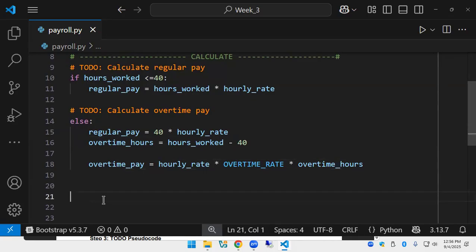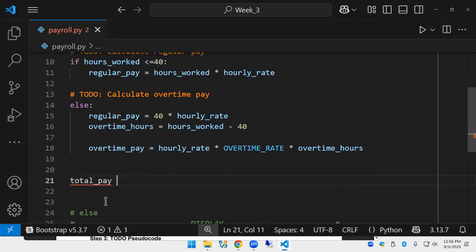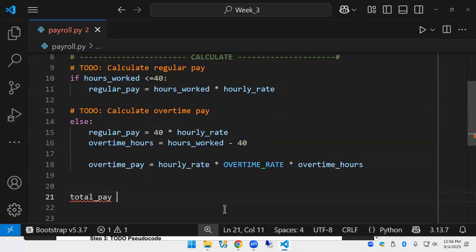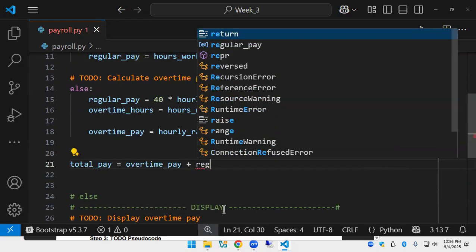So somehow we want to end up with a total pay. We'll just call it total pay, because that'll be those together. So it'd be overtime pay plus regular.